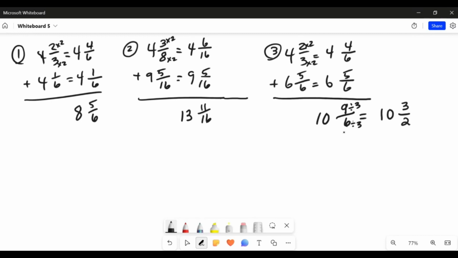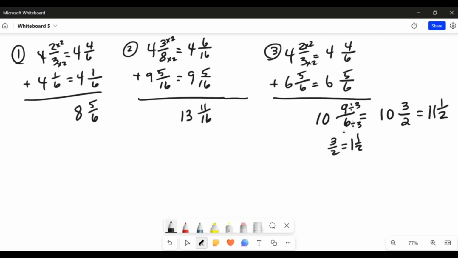Correct. It's an improper fraction. 3/2 is an improper fraction. So what this really is, 3 halves is really 1 1/2. So if we take that 1 1/2 and add it to the 10, we get 11 1/2. So we have to change that improper fraction into a mixed number.